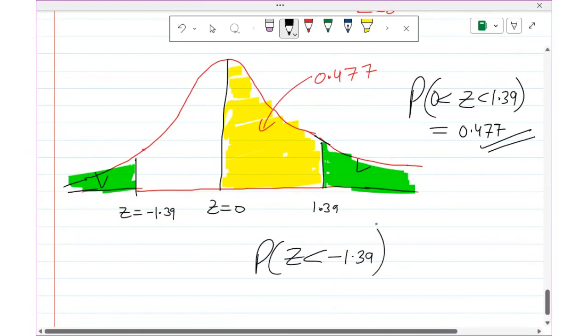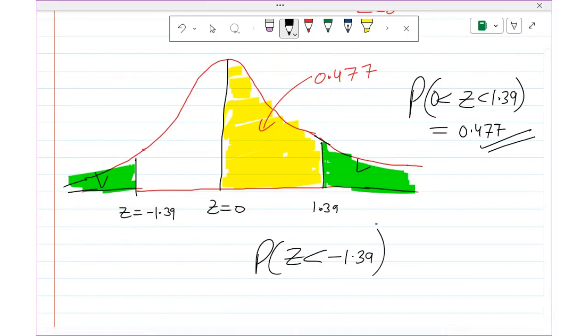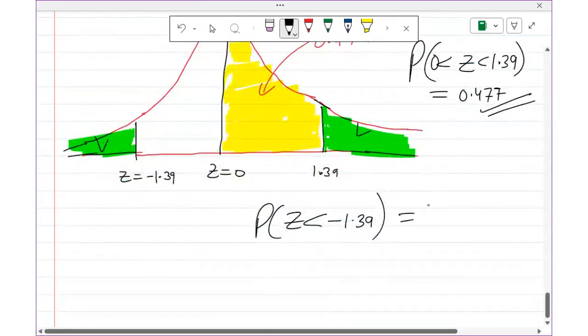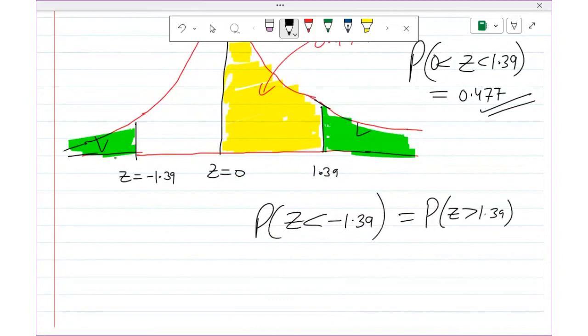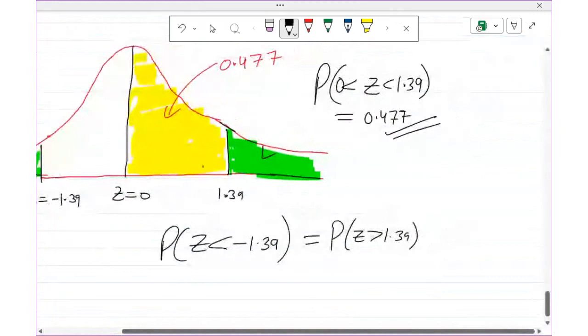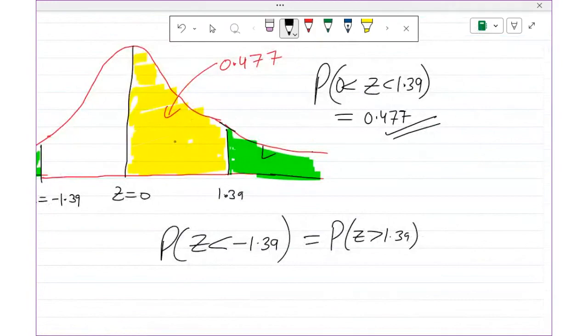So how will we do this question? First you will say, because the normal distribution is symmetric, as much area as there is for z less than minus 1.39, the same will be there for z greater than 1.39. As much as is on the left side, the same will be on the right side. Now you are given between 0 to 1.39, so this yellow color is given. And you know the total area on the right side of the center is half.